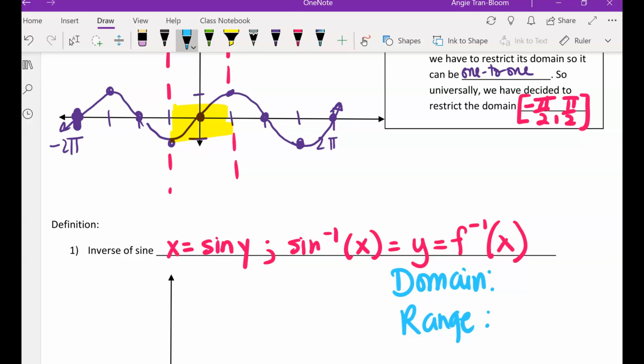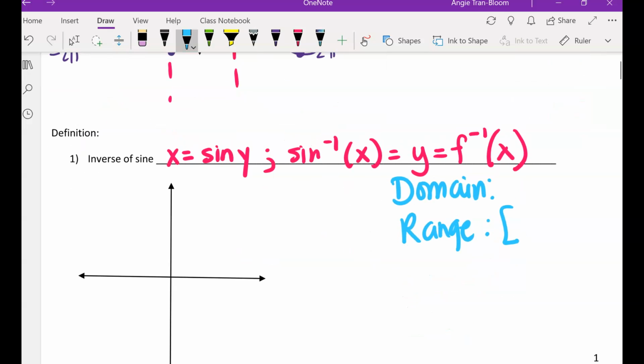The range of the inverse is from negative pi over 2 to pi over 2. Now, more importantly, what is the domain of our inverse? Inclusive, negative 1 to 1. Where did we get those values from? From the range of the regular. The range of the regular could only go from negative 1 to 1.